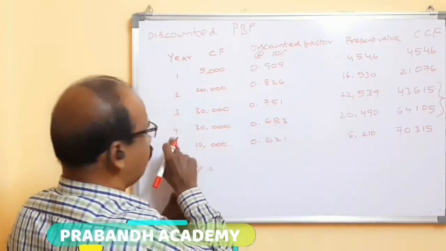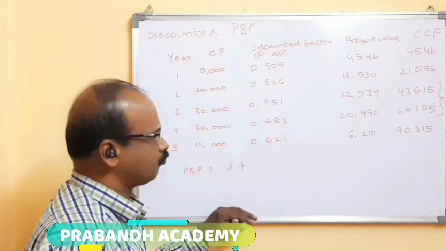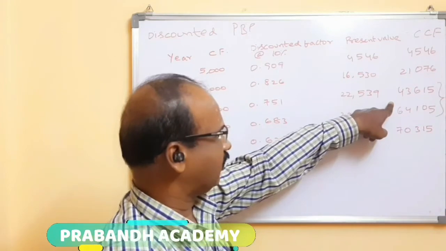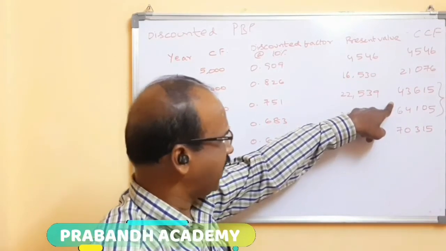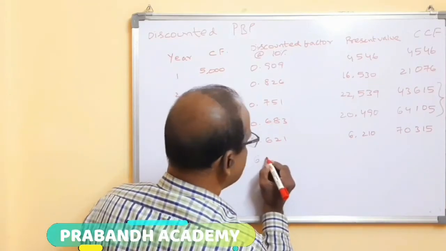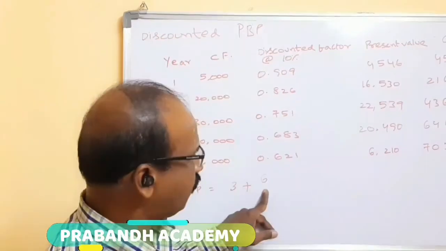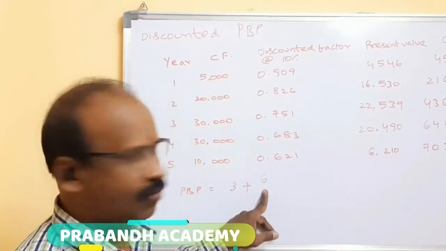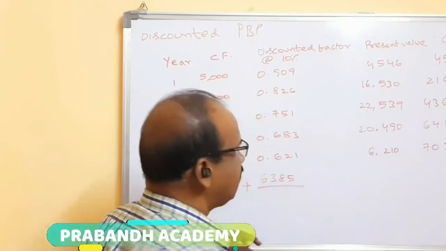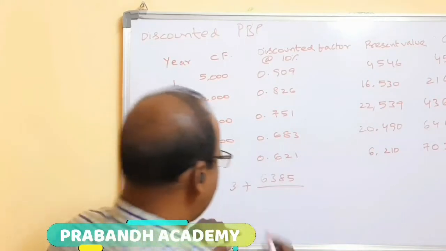So 3 plus 50,000 minus 43,615, we get 6,385, divided by current year cash flow, 20,490.